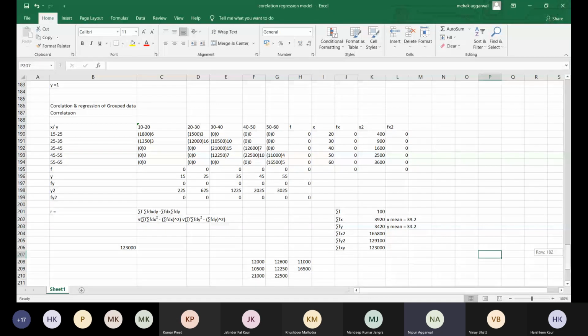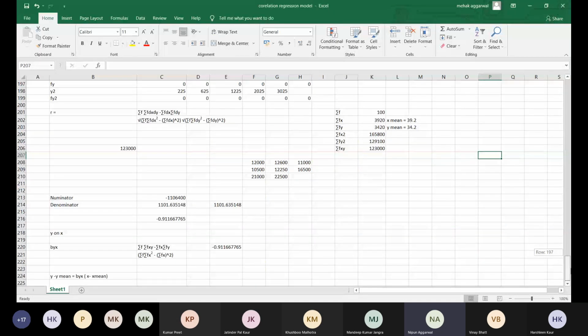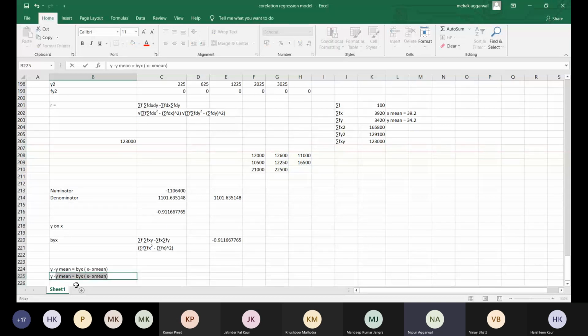Fine. So putting in this formula, y minus 34.2 is equal to byx.